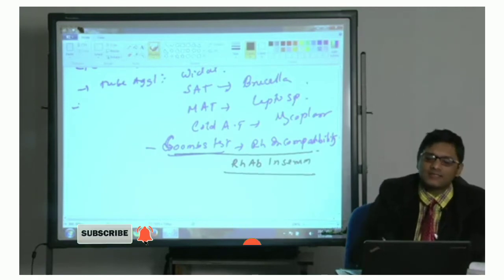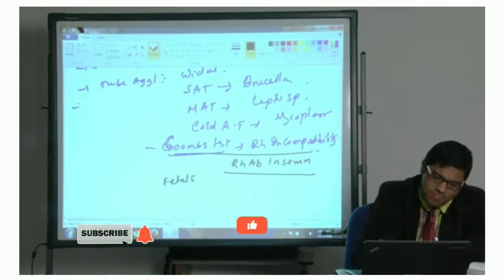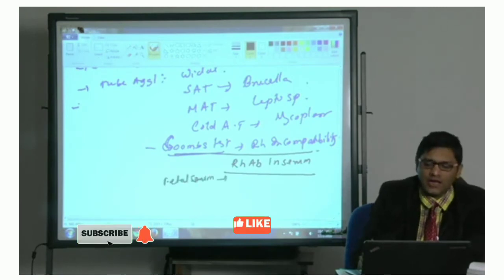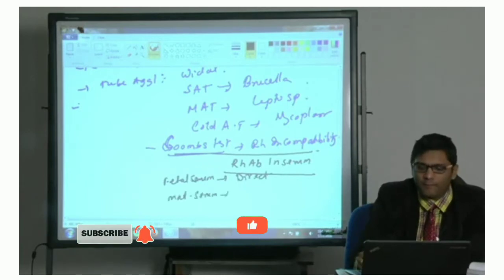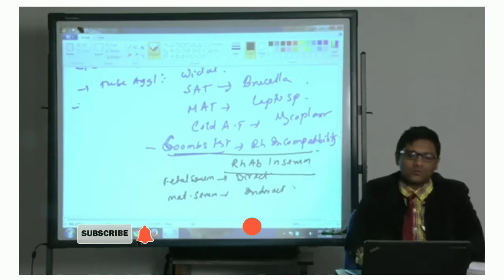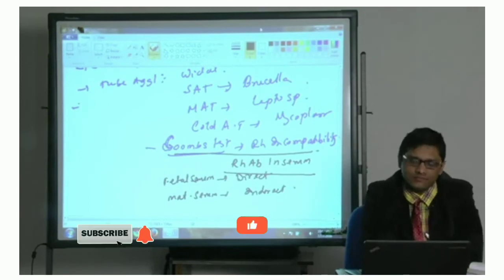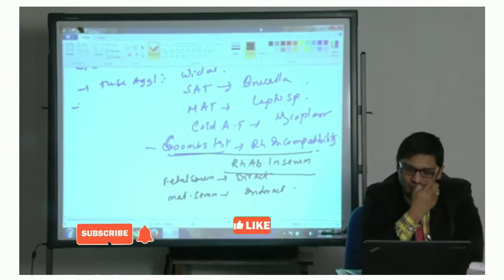If you are detecting RH antibodies in fetal serum, you have to do a direct Coombs test. If you are detecting in maternal serum, you do an indirect Coombs test. So this is how agglutination reaction examples in Coombs test. Okay.